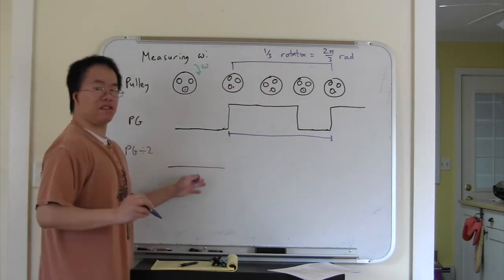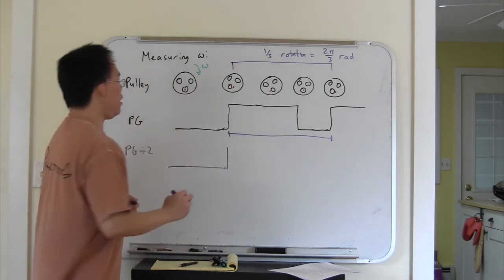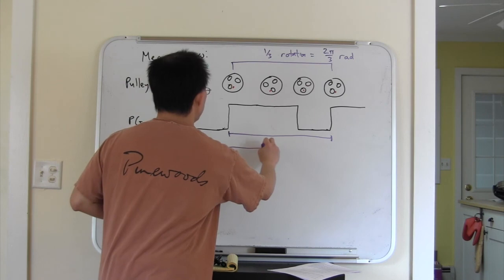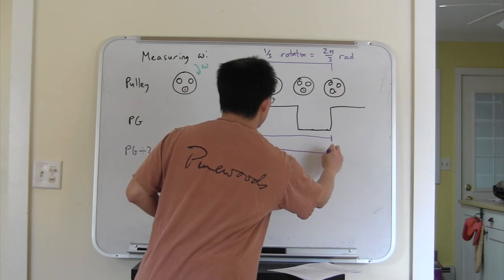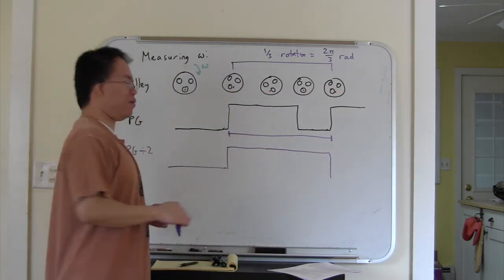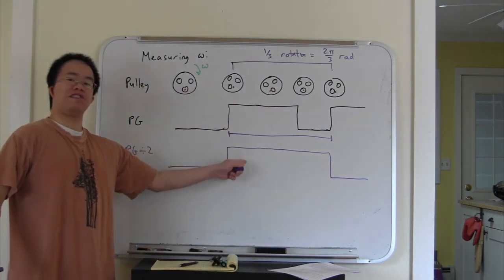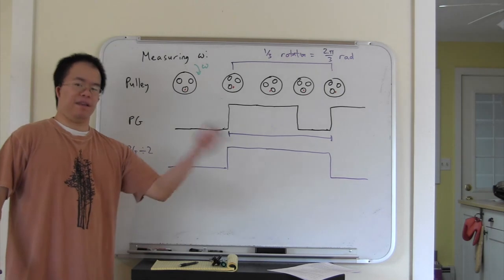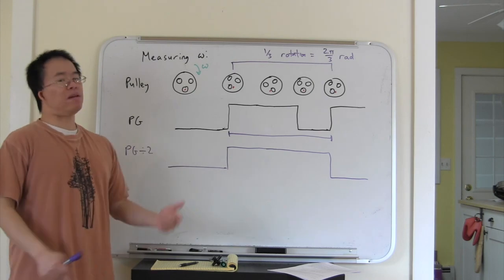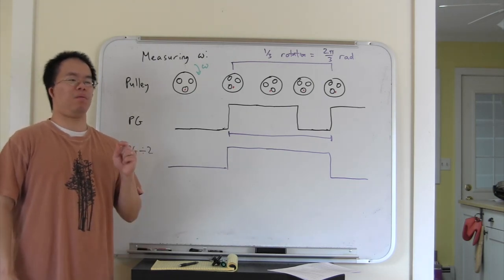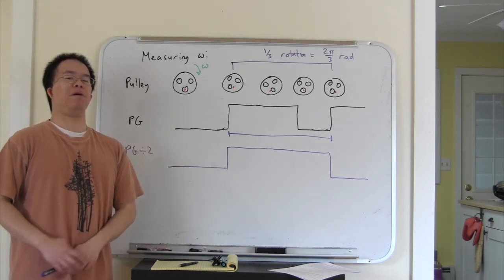If I assume we set this initially low, then it's going to go high at the first rising edge, but then not do anything else until we go to the next rising edge, at which point it drops. So if we now take this photogate divided by 2 and AND it with our reference clock, just as we've been doing before, now we have the ability to measure how long it takes for the pulley to go through 1/3 of a rotation.